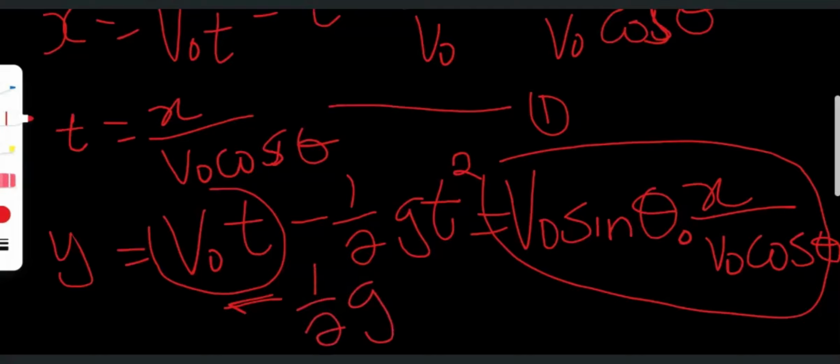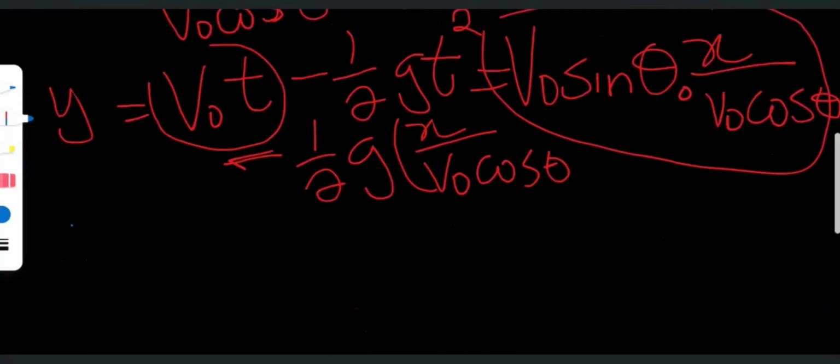This t squared will be here. So since t is equal to x over V0 cos theta, it will be bracket x over V0 cos theta.